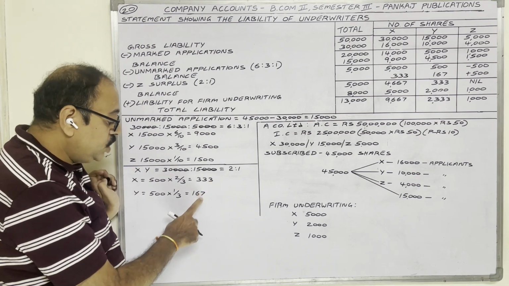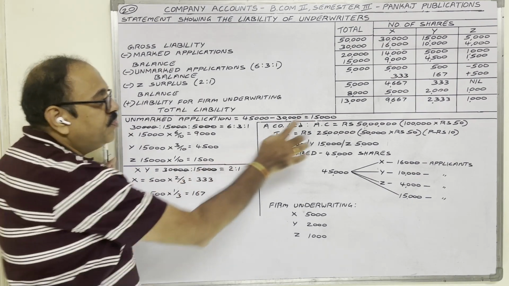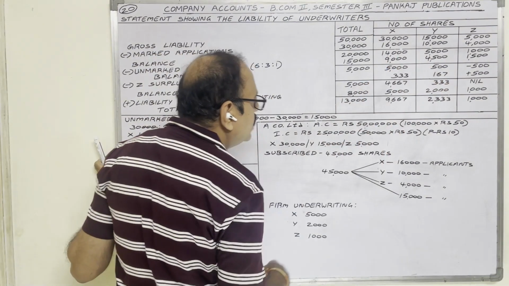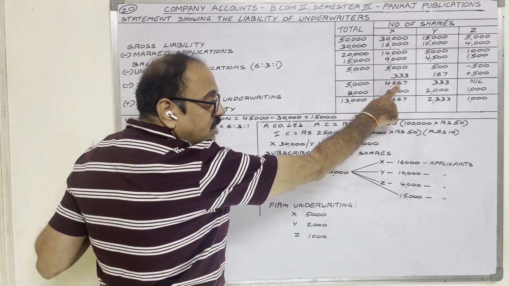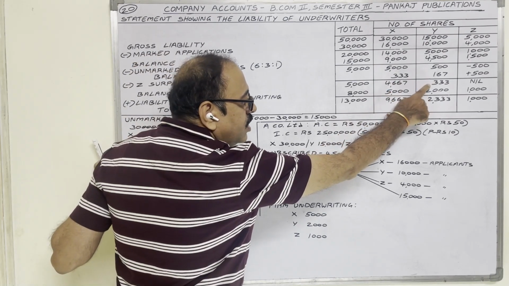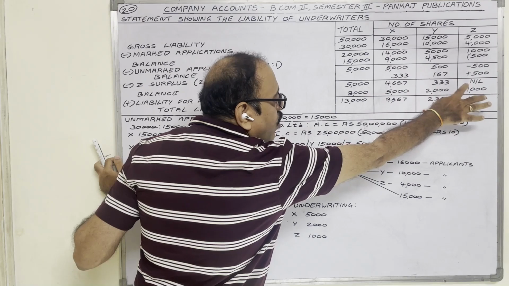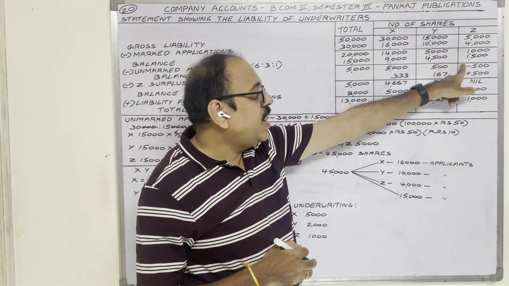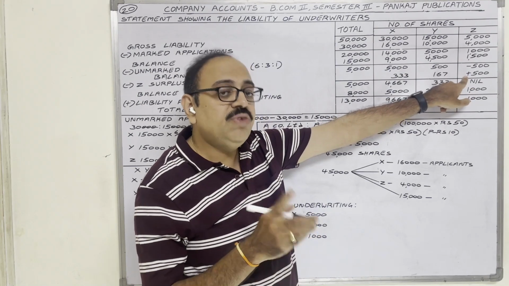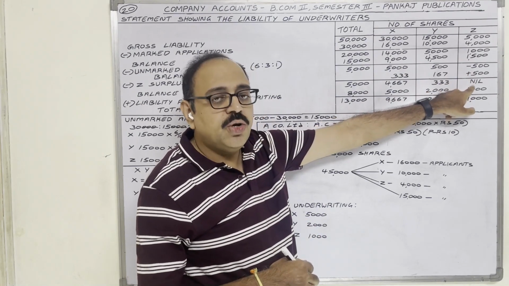So subtract these two numbers from X and Y balances. Then the final figures are X 4,667, Y 333, and for Z we want to show nil here. In that case, from minus 500 we have to add 500. Then the value becomes 0, nil.